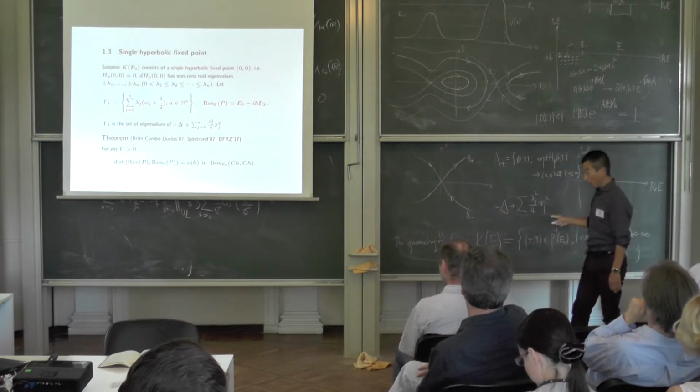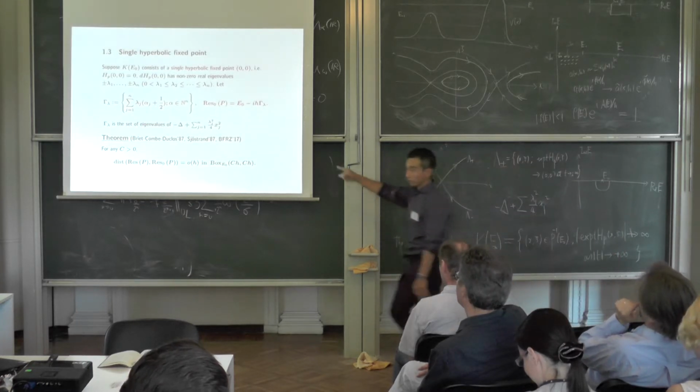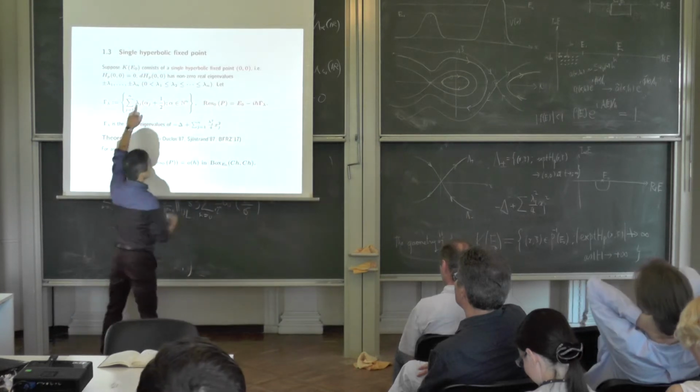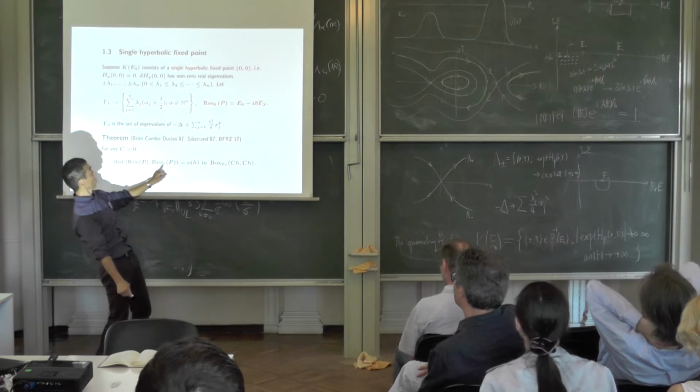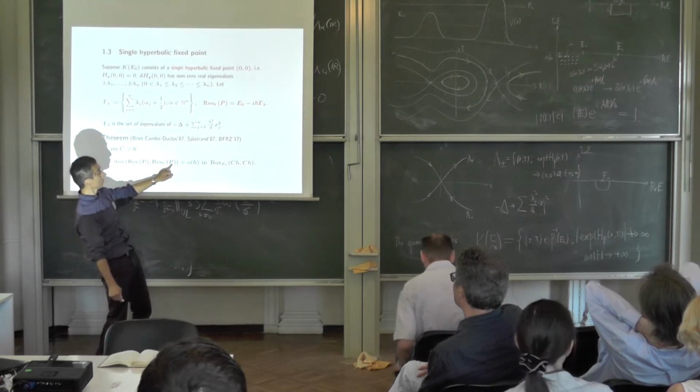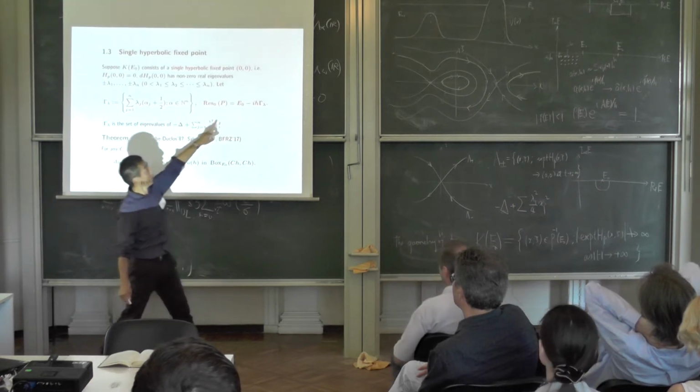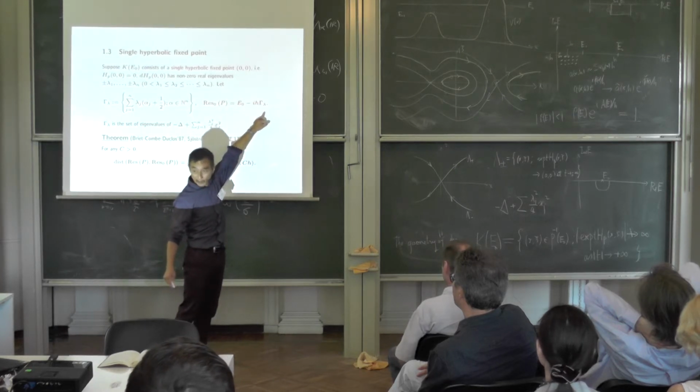Then the approximate resonances are close to E0, and are given by E0 minus i h gamma lambda.